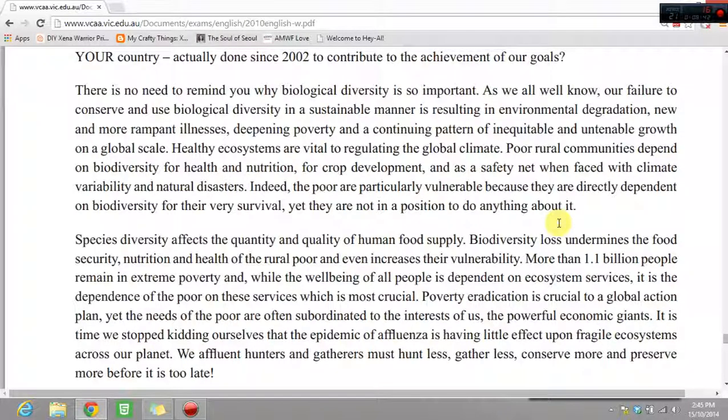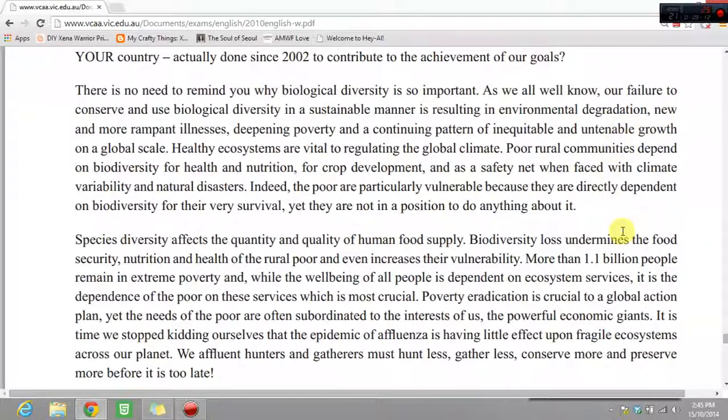So by referring to the poor rural communities, we will be inclined to work on biodiversity to create a greater sense of social justice and equality. There's also a lot of listing in here of negative outcomes: environmental degradation, more rampant illnesses, deepening poverty. So due to the listing, the audience is likely to feel overwhelmed by the amount of negative outcomes here in such a way that they feel that something needs to be done.